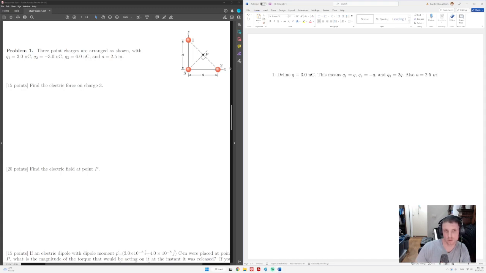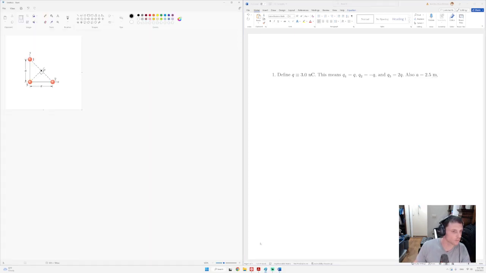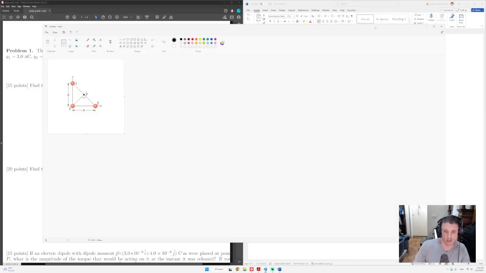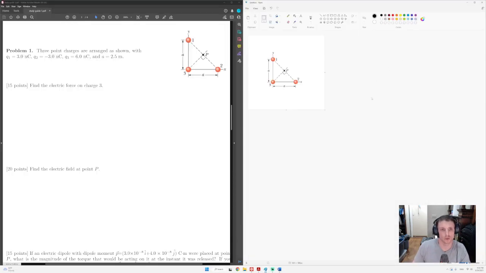And we're going to want to do a quick bit of geometry here. Let's look at the picture in isolation. I'm going to zoom in a little bit. It's going to get kind of fuzzy, but that's okay.